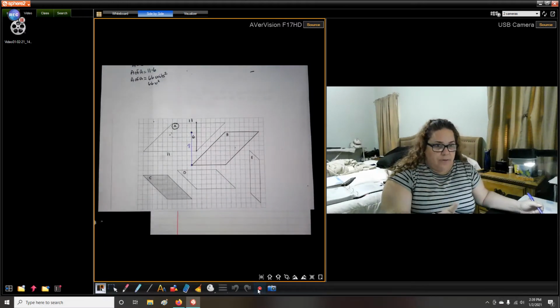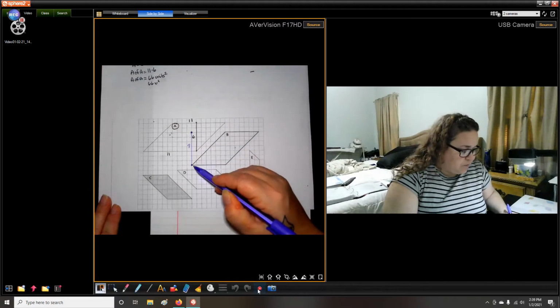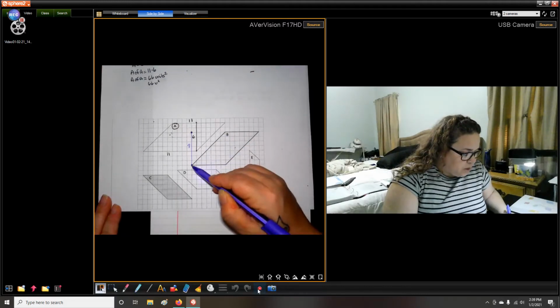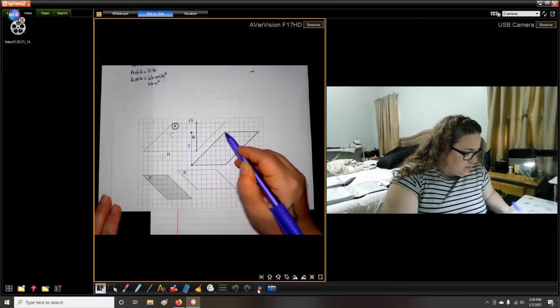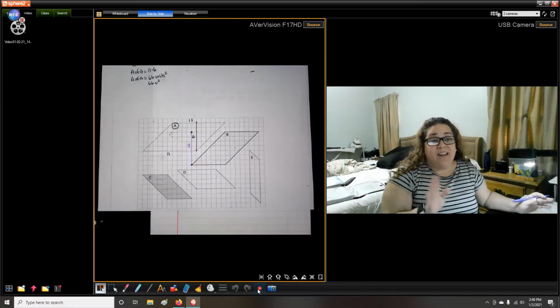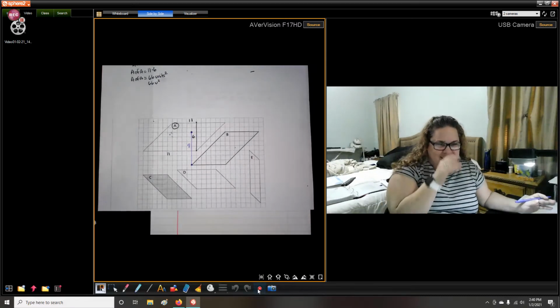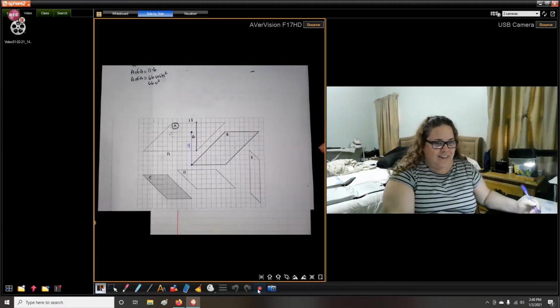Ever, ever, ever. And I'm going to show you why right now. If I use this slanted line and I start at the bottom, 1, 2, 3, 4, 5, 6, 7. Oh, this one works out perfectly. Darn it. Okay, it's not always going to work out. But this one does work out. Normally it doesn't work out.